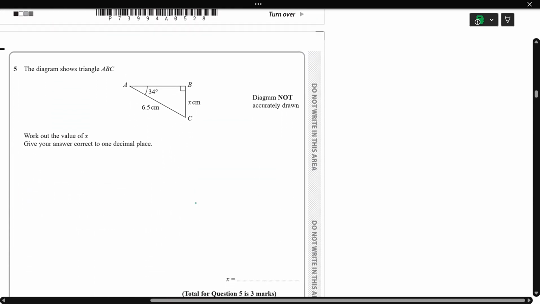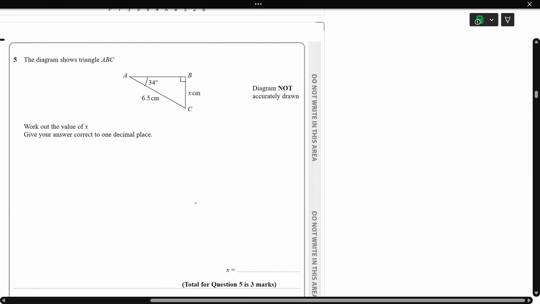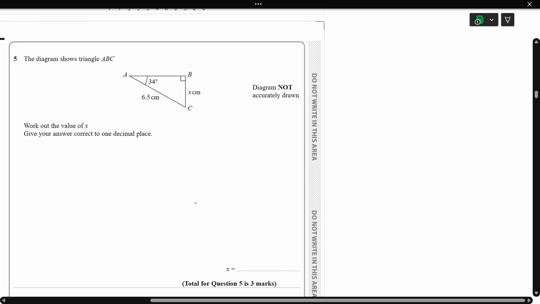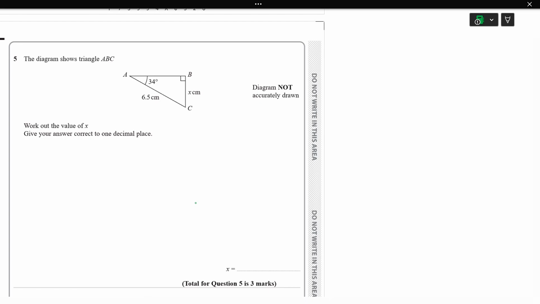The next question, the diagram shows triangle ABC. Work out the value of x. Okay, so here we are using the circle tool. So this is the angle, so we need to find the opposite, and this is our hypotenuse.